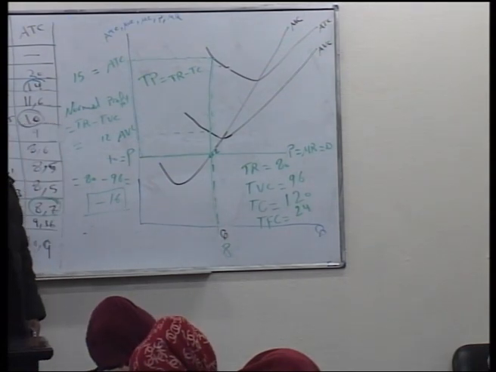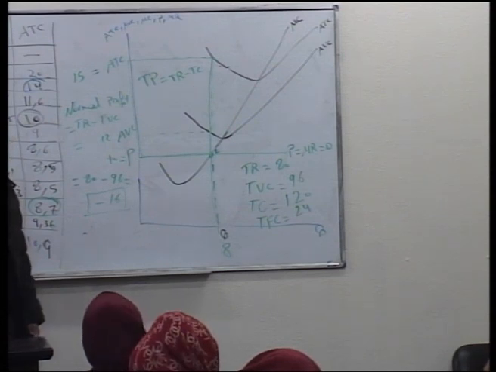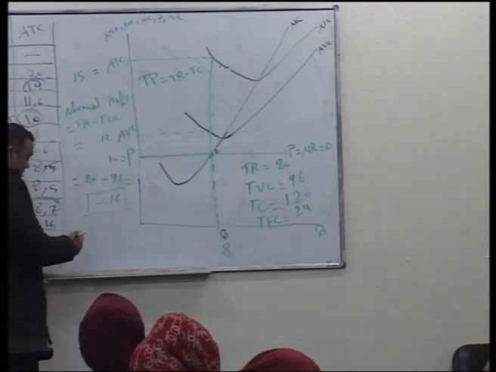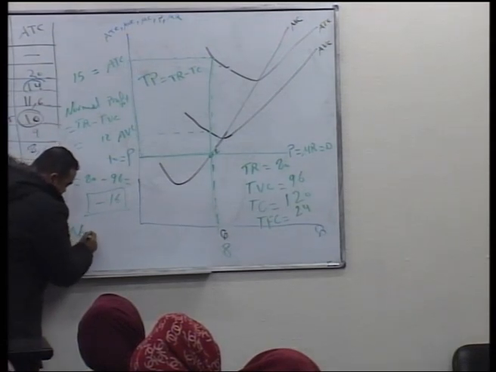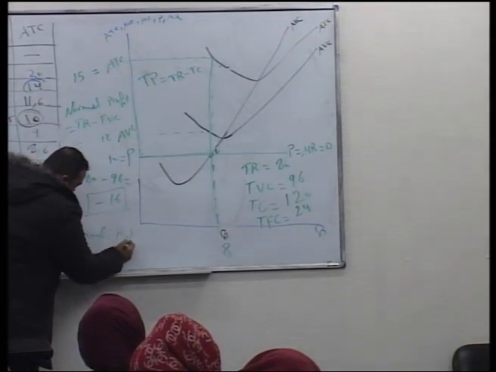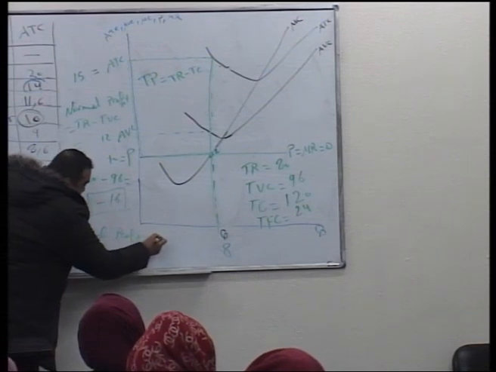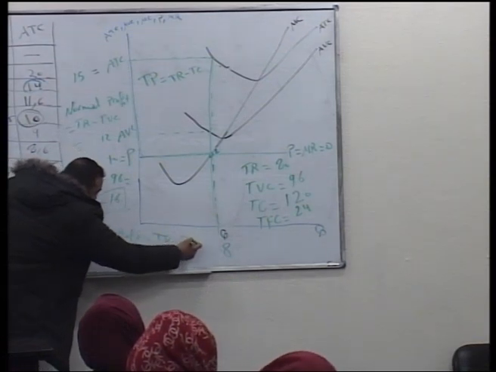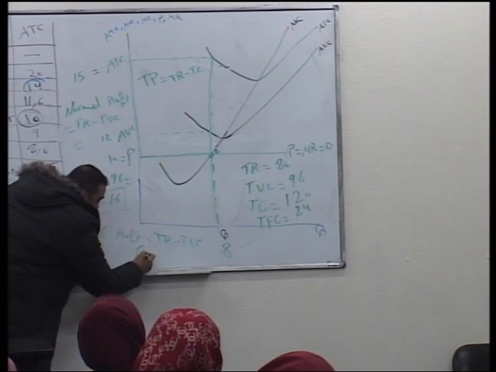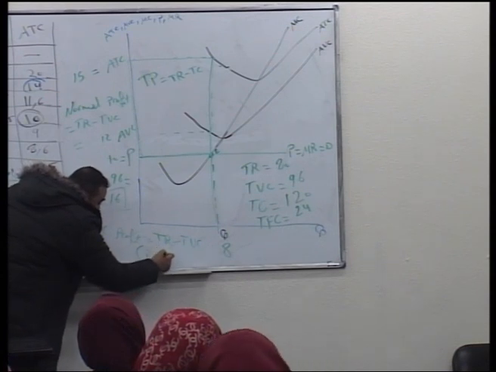Normal profit equals either total revenue minus TVC, or price minus AVC, all times Q. Try it.